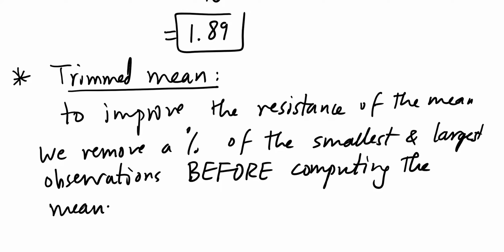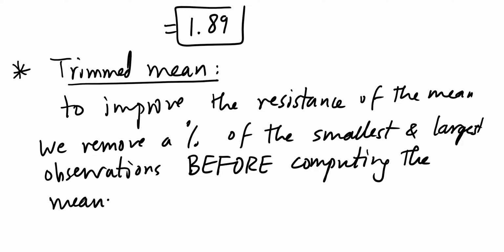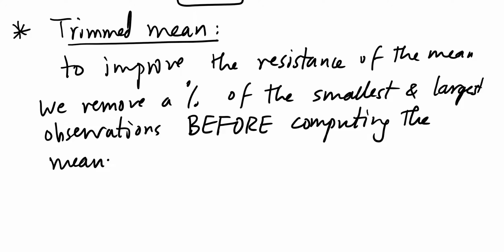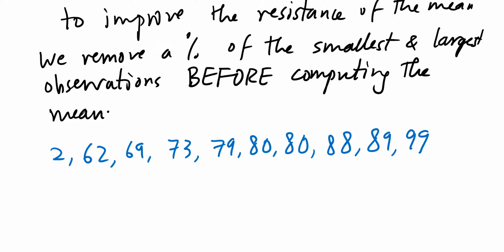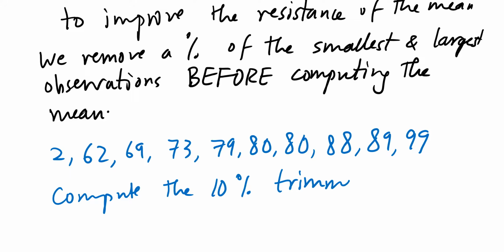So for example, let's say students scored 2%, 62%, 69%, 73%, 79, 80%, 80%, 88%, 89, and 99%. So let's say we're asked to compute the 10% truncated or trimmed mean.